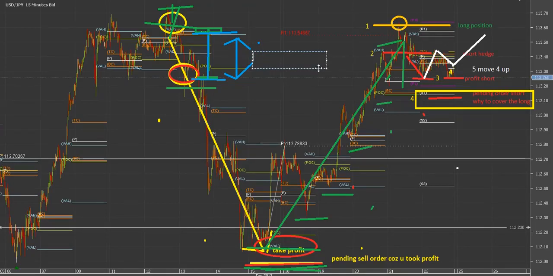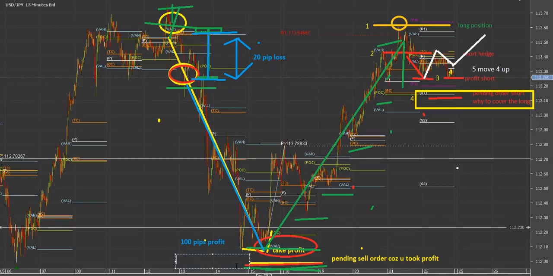Let's change the colour. So from the original position you've only got to squeeze this much to get back the loss, right? So you can call that from here to here, which is where you got the short picked up from the original long. Let's call that 20 pip loss. Right, so your deficit's 20 pips between these two.